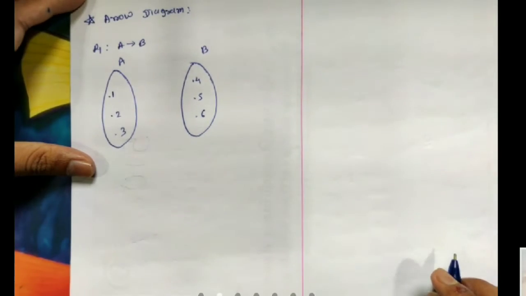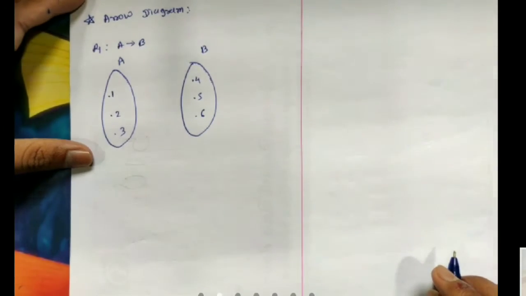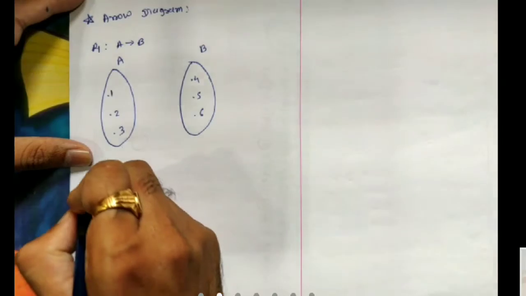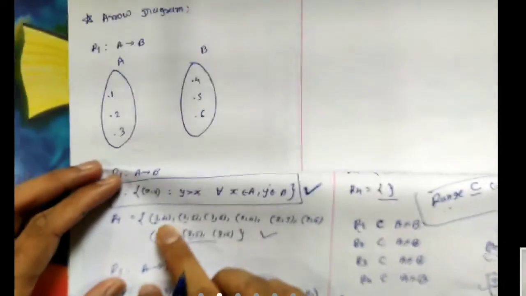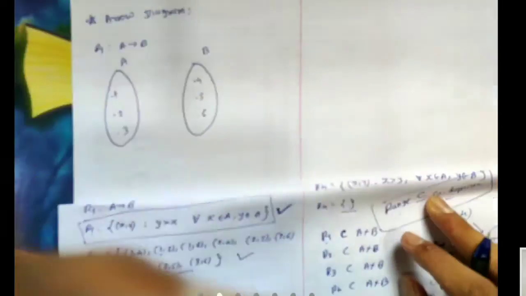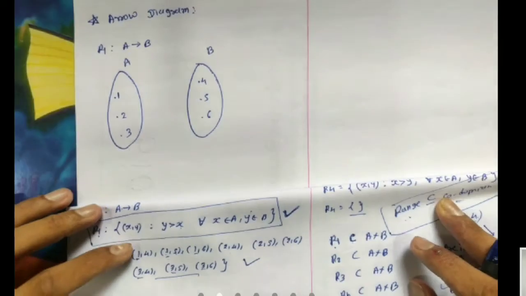Then you have to check the tabular form of relation R1. The elements in R1 are (1,4), (1,5), (1,6).